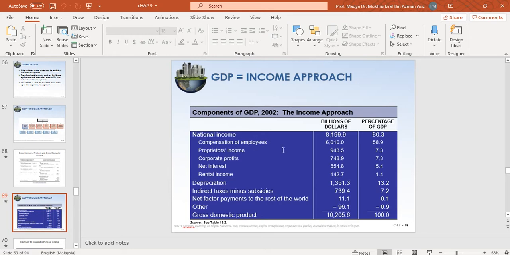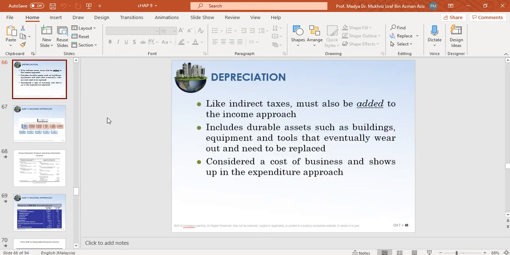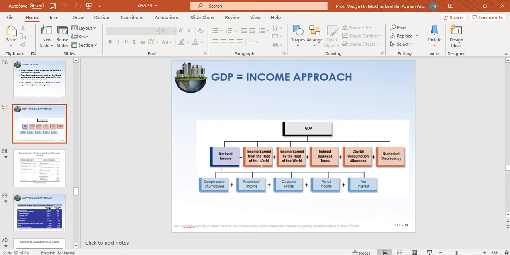For example, for national income, the total is 8199, and then compensation, and the rest you plus depreciation. This component is already given in this table here.